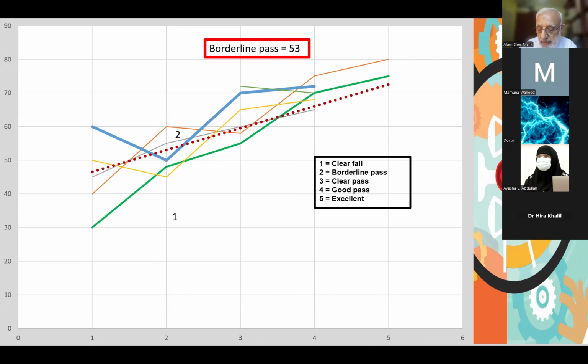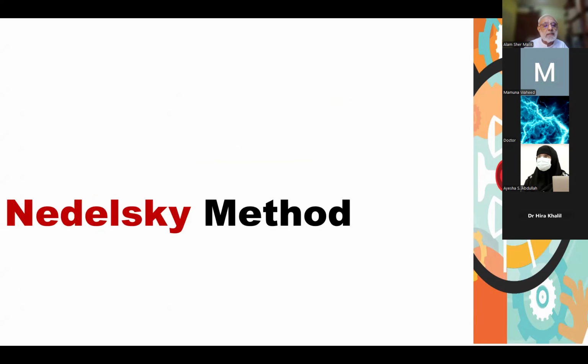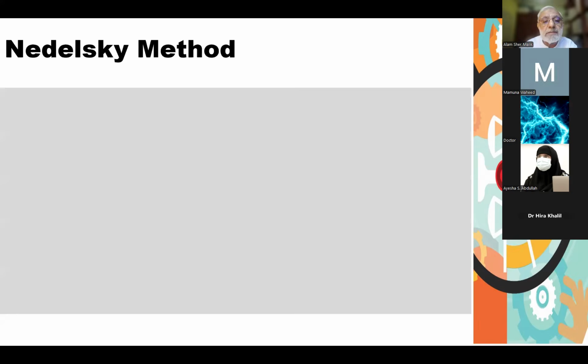Okay. Right. Now let's go to the last bit of this, and this is again a very, very simple method, Nedelsky's method, and that's why this is light, because this is very, very simple. And again, it's done before the examination.